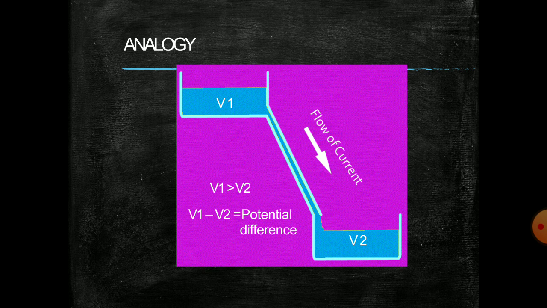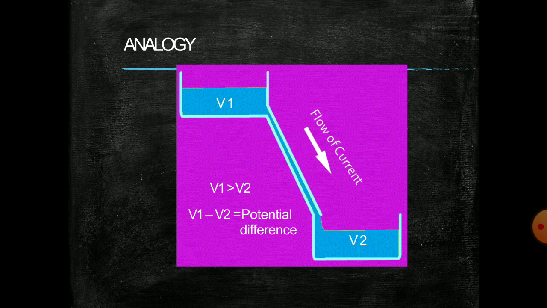Because in any circuit there will be a higher potential node and a lower potential node, so you can easily imagine where current will flow. The current will flow from higher potential to lower potential. So this analogy will work.